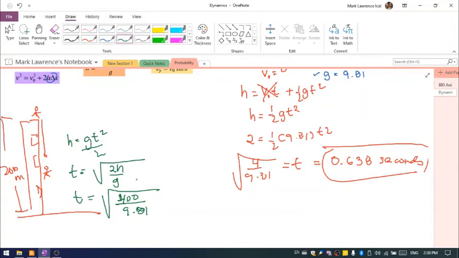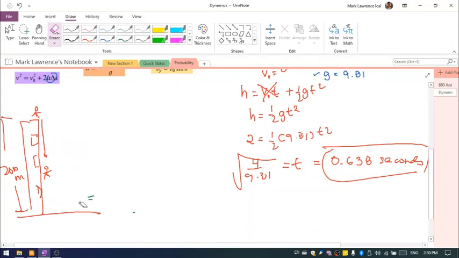The time is 6.38 seconds. So it means that it will take you 6.38 seconds to fall.